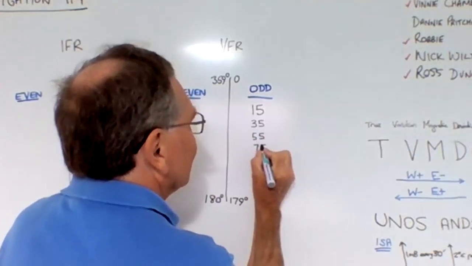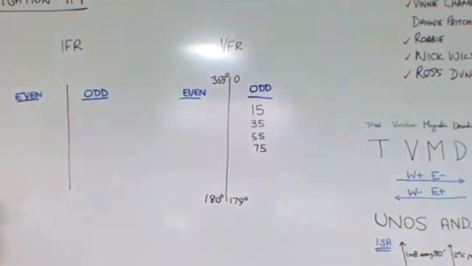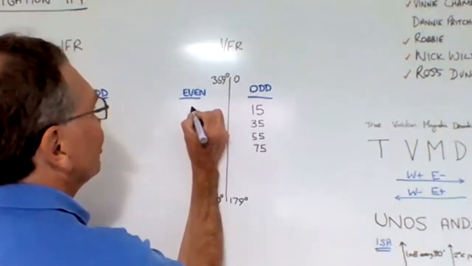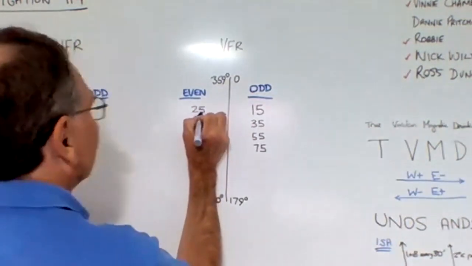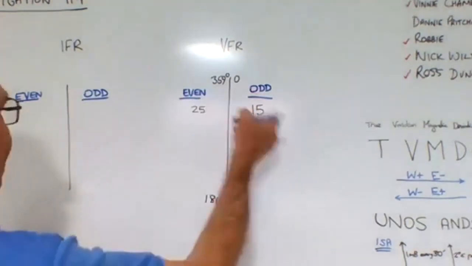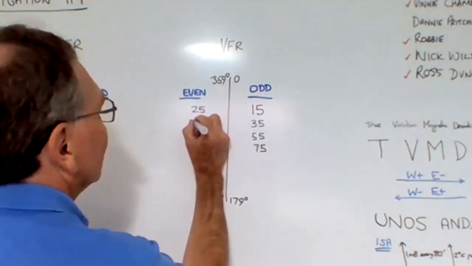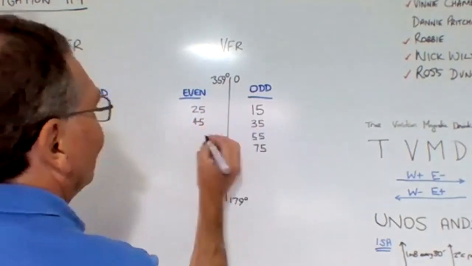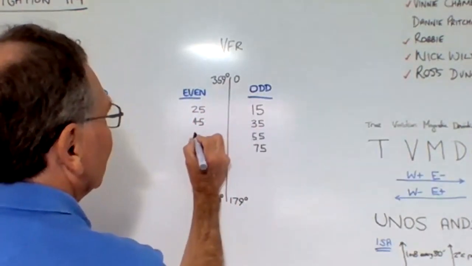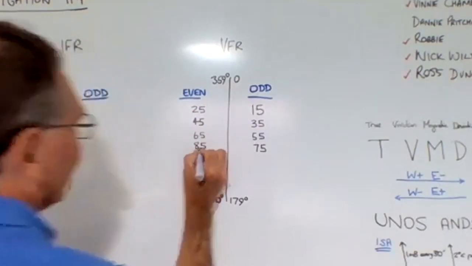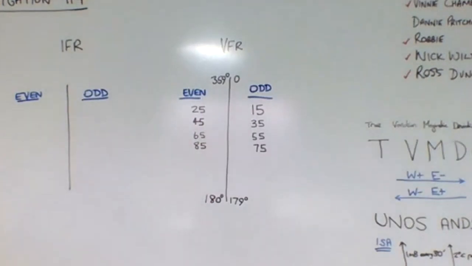That'll be 7-5. And then the evens are going to be 1,000 foot on top of all of those. So that will be 2-5. Then it'll go up in twos, so with 1,000 foot above that, 4-5. That will be 6-5. 8-5.